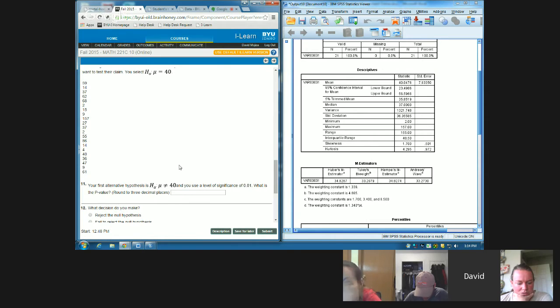So once again, t-score, yay. So you do 40.0476, whatever, minus 40, over the standard deviation, which is 36.355, divided by the 21. So I got 39.806.